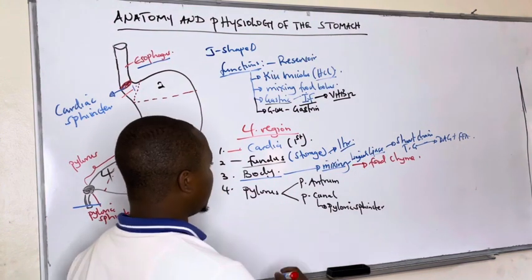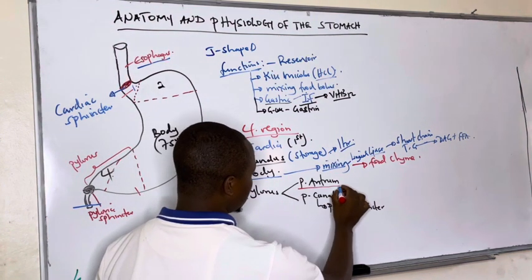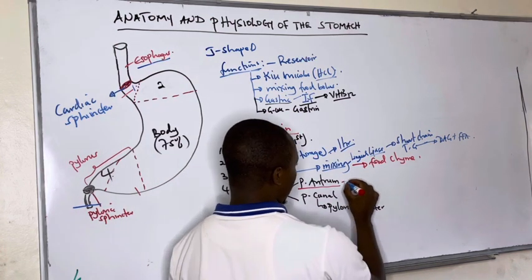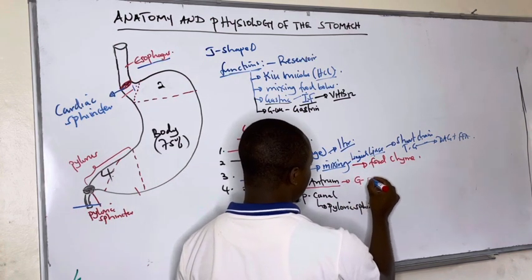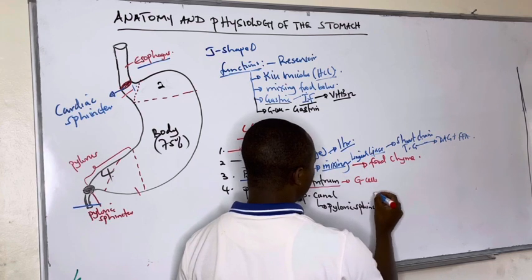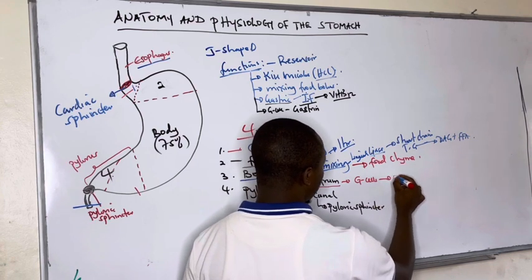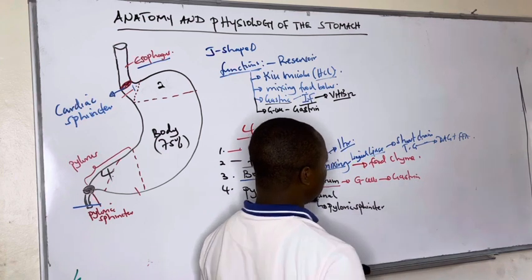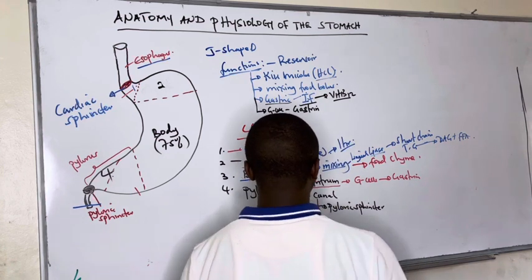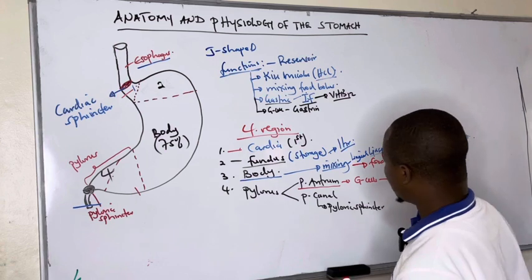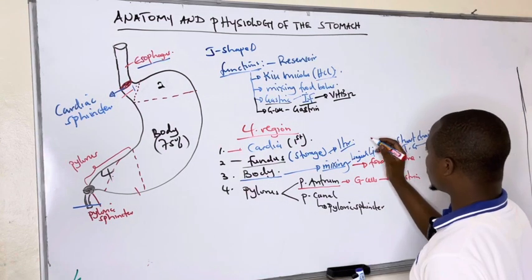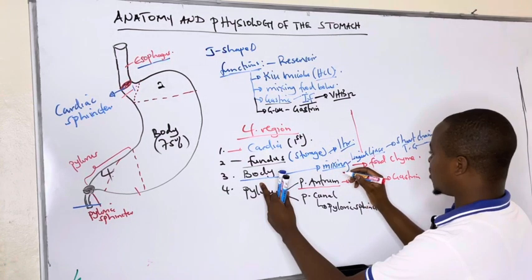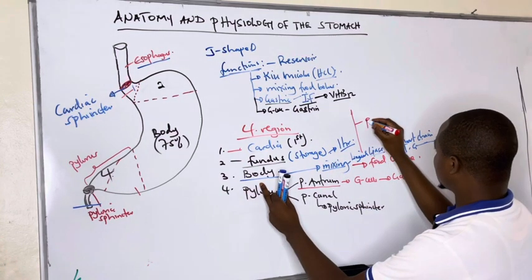Then the antrum, we shall go and continue to see that for the antrum, its major work is that it contains G cells which produce gastrin hormone. And I've not told you that in the body of the stomach, there are enteroendocrine cells, and one of the cells in the body, we shall see them, is the parietal cell.